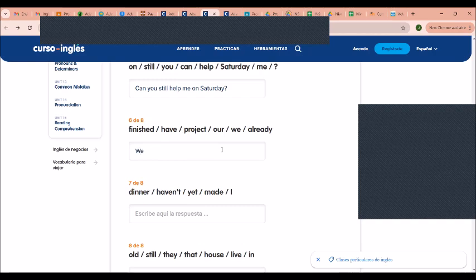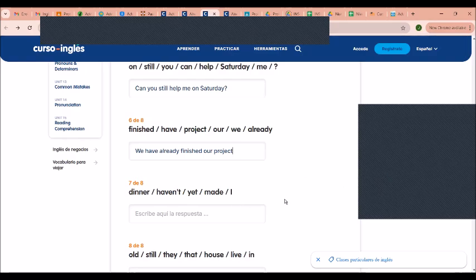We have, right? Where does already go? Already goes between the auxiliary and the principal. All right, practice again. Repeat. We have already finished our project. Good. So placement is super important.